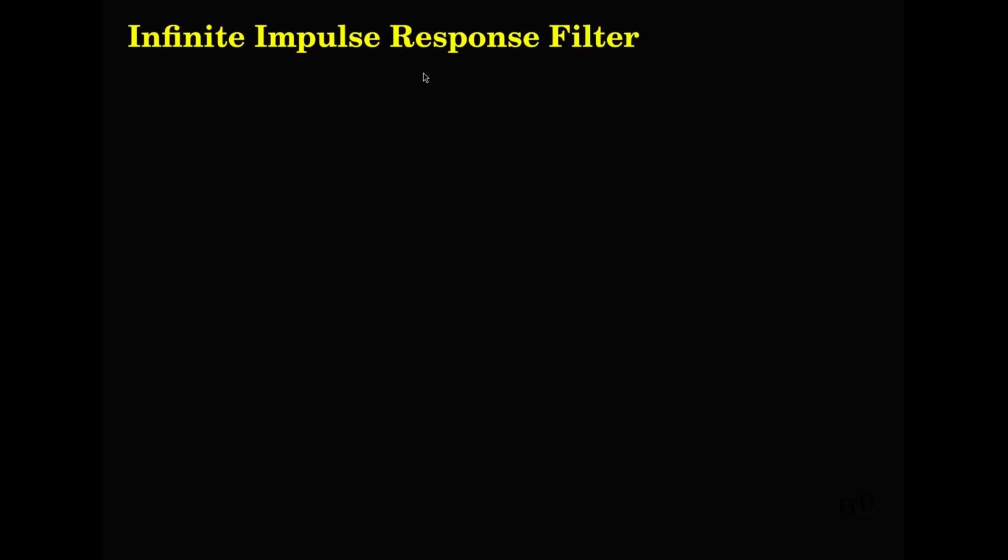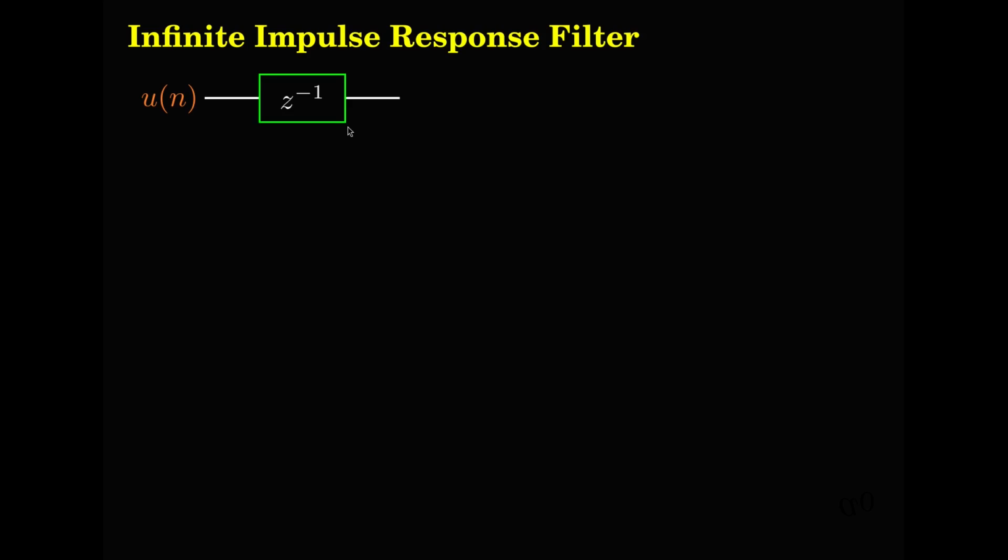So now, if there is a finite impulse response filter, there must be an infinite impulse response filter too. So what is the topology of the infinite impulse response filter? I start again with U of n, the input stream, the discrete input signal that I am going to pass through a unit delay block.